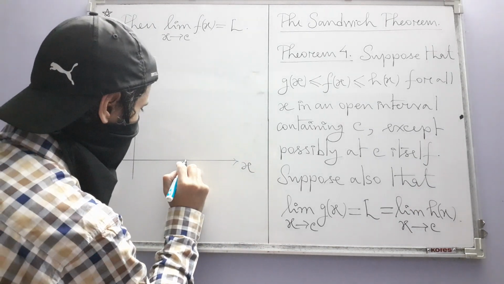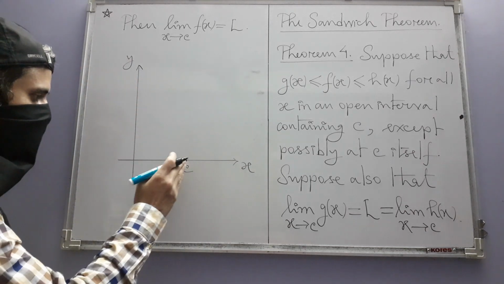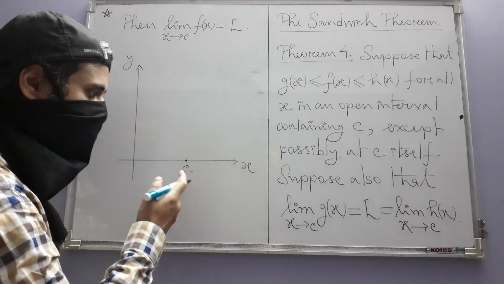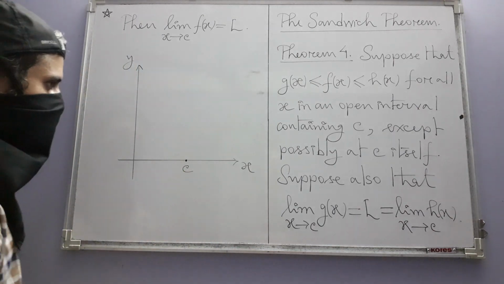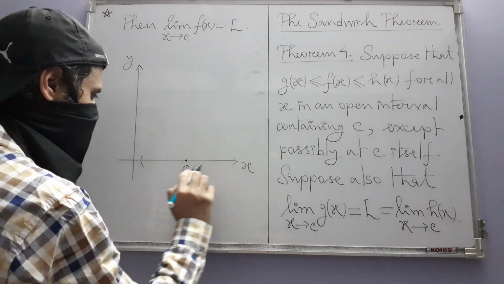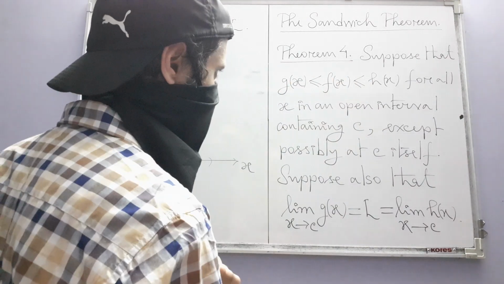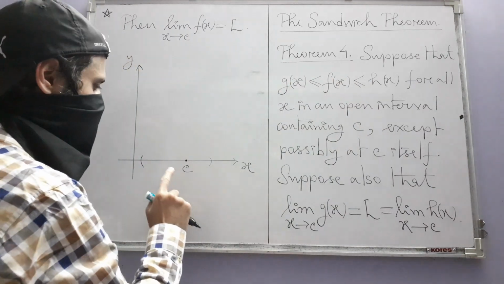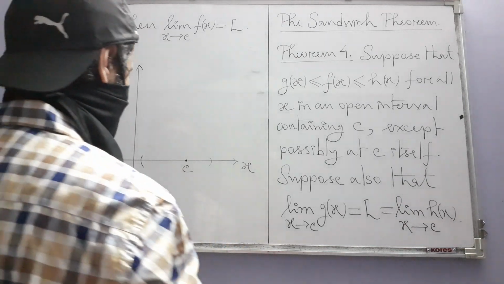So this is your c. Although we are showing c to be a positive real number, you should understand that c can be negative also. Also it can be 0. It is just anything. And say this is an open interval in which all the three functions are defined except possibly at c. At c maybe they are not defined.